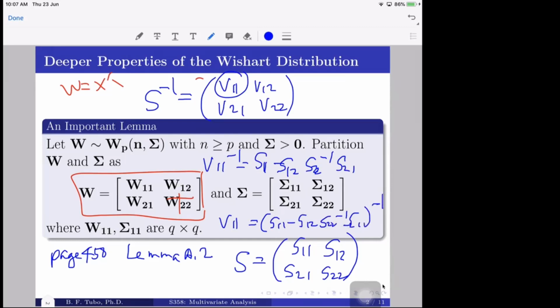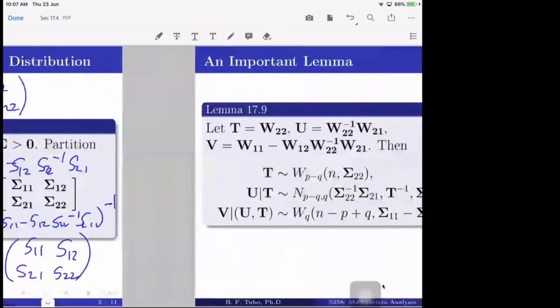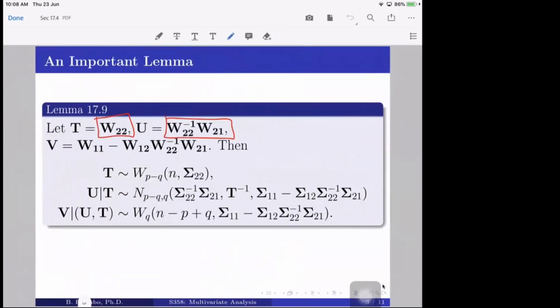So you can scroll to that page 450 to review the forms of an inverse of a matrix, because we are going to use this here in the proof or in the discussion of our lemma. So what I want you to know is to be familiar with this form.